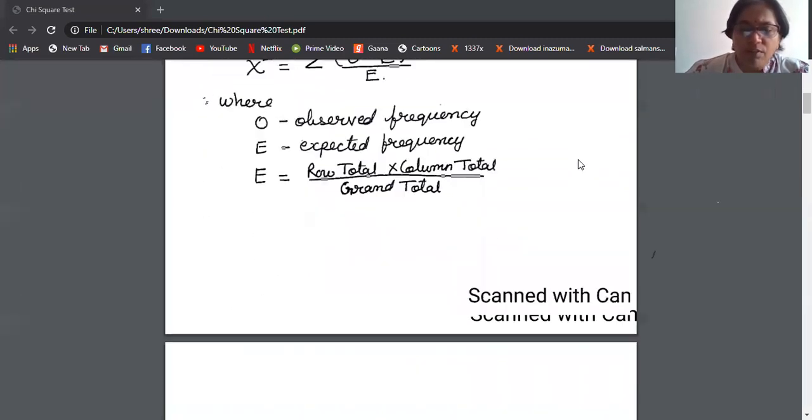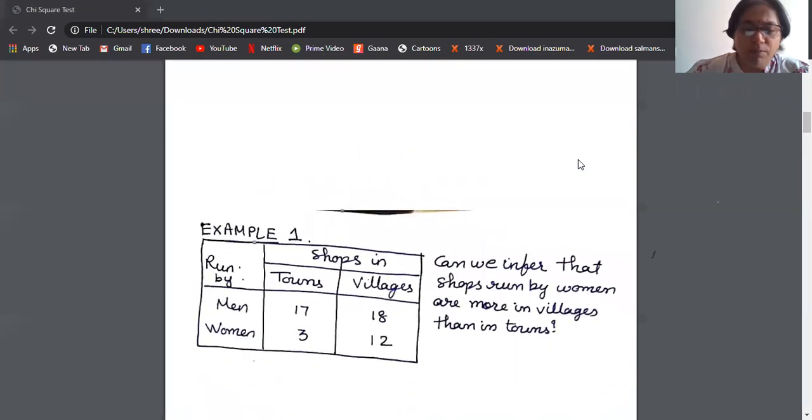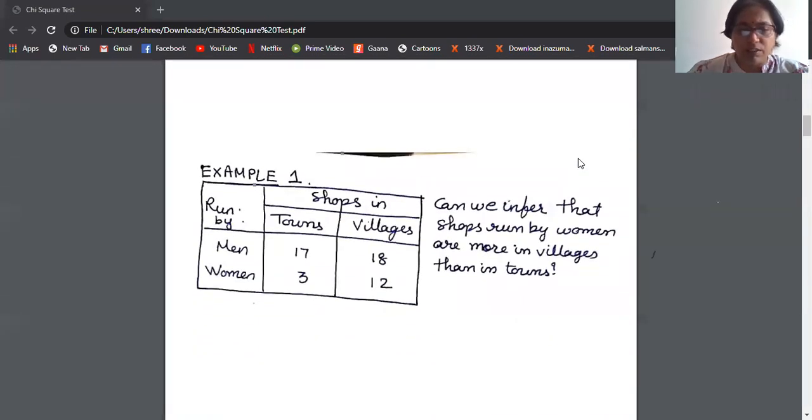Okay. Yes, we go to the first problem. The example says some people have surveyed shops in towns as well as villages, and they found out how many shops were run by men as well as women in towns as well as villages.